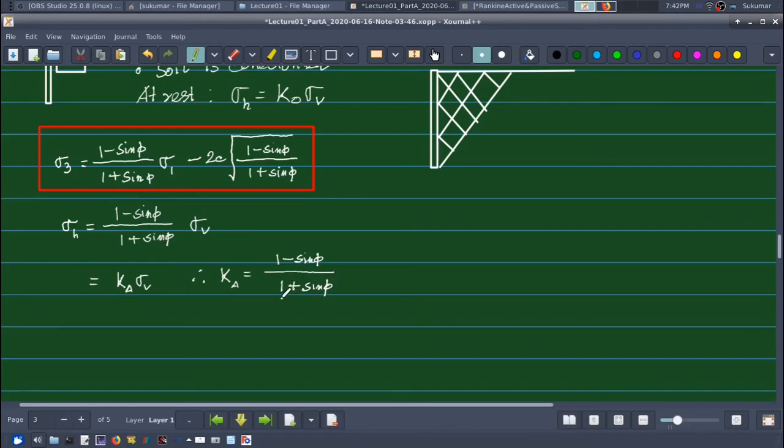Clear? So this is the formula for the coefficient of active earth pressure for a cohesionless soil.